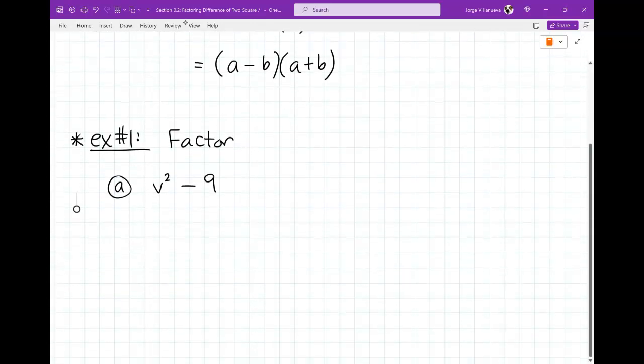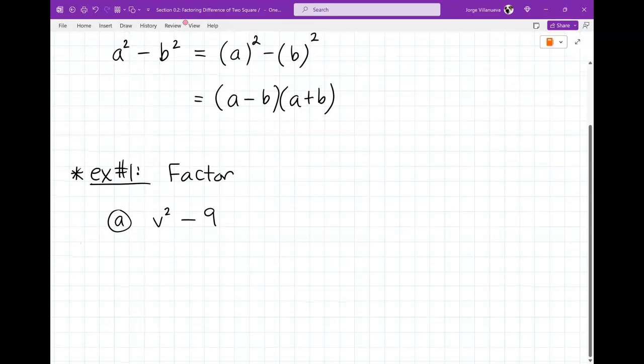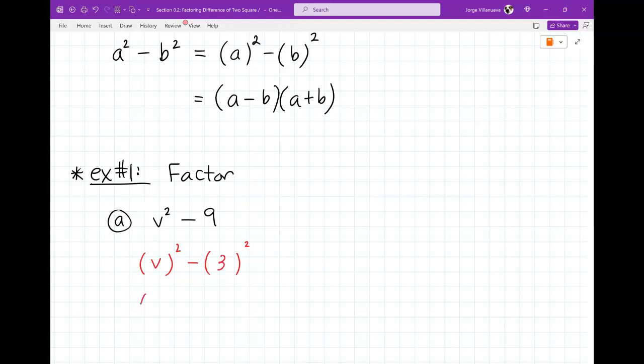So your main question you're going to be asking yourself is, how can I write v squared as something squared and 9 as something squared? So what squared is v squared? That's just v, right? And what squared is 9? 3. So all you have to do now is just write v minus 3, v plus 3, and you're done.